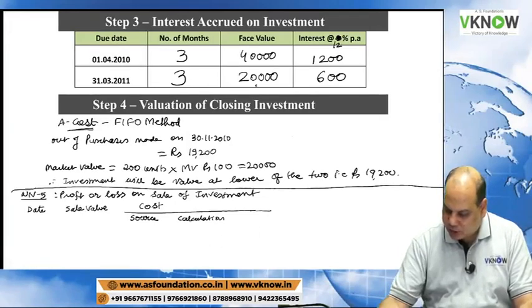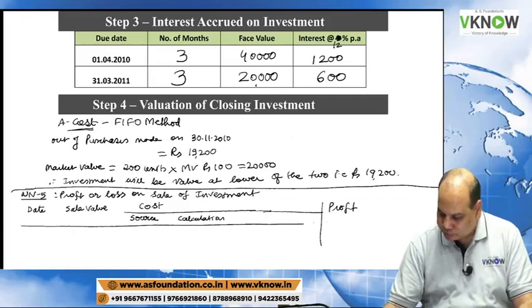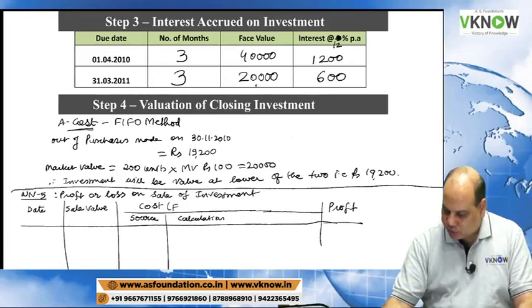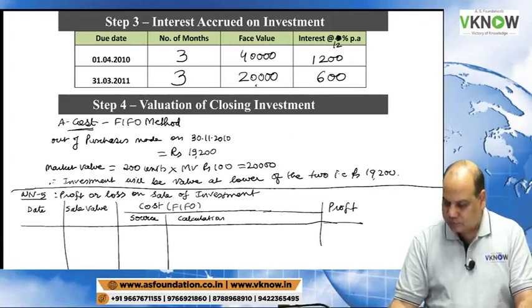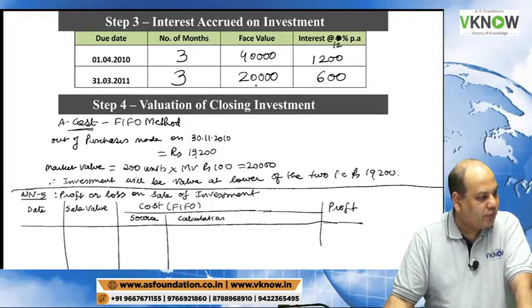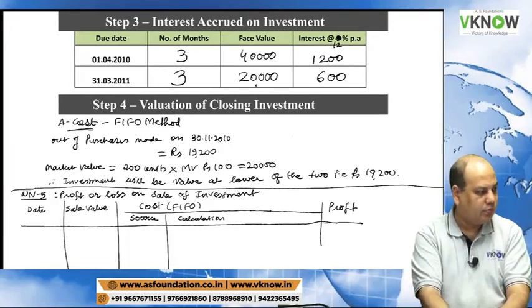Calculation column little bigger, so that if anything we have to compute, we can do it. Cost is based on FIFO. So first in, first out.